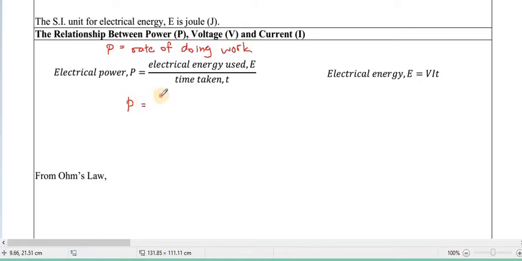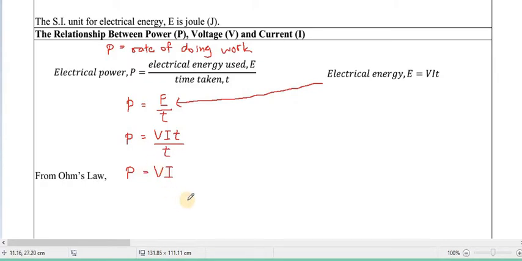So P equals E over T. It's the same thing as in the potential difference: the original equation for power is work over time, but here we change the work into energy, so it becomes E over T. Electrical energy is equal to VIT, so we substitute this in, and power will be equal to VIT over T. So power is equal to VI.